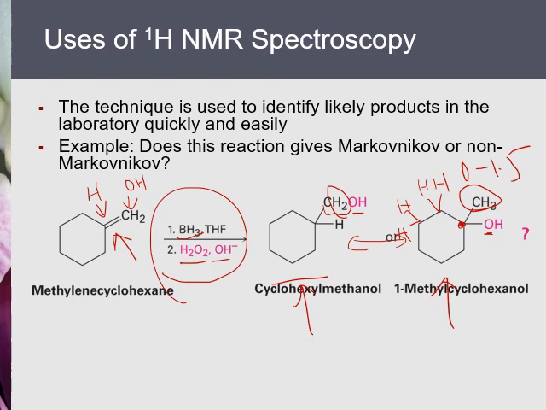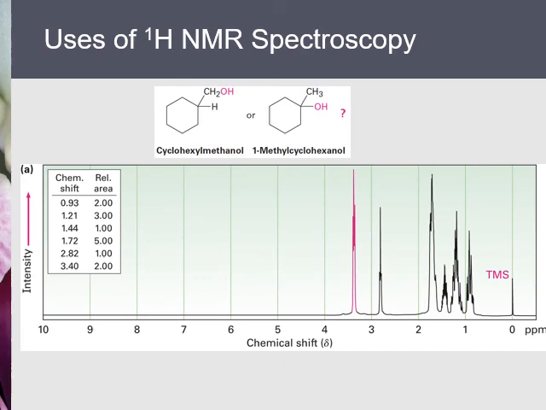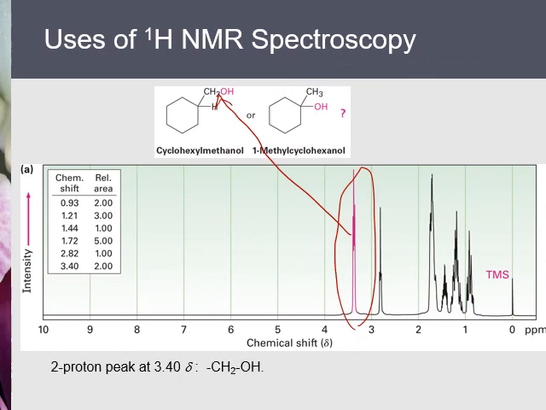These two hydrogens should appear at about 3.5 ppm because oxygen is electronegative. Here is the actual NMR spectrum, and you can see a large peak at 3.5, and this indicates the CH2 attached to hydroxide, and therefore we can say that the reaction forms the anti-Markovnikov product.